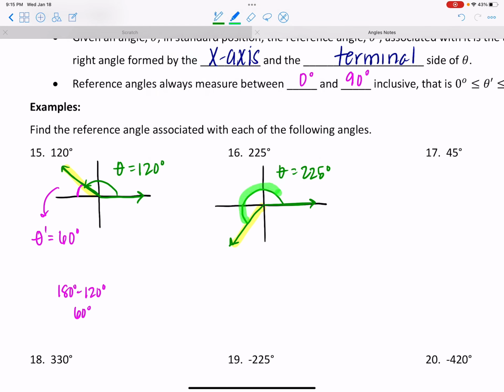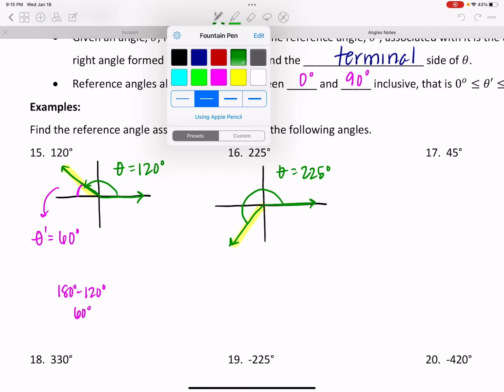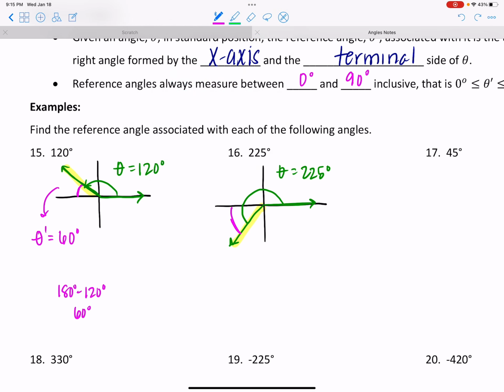I could go back to the positive part here. That's too big. I could go back to the x-axis here. Again, bigger than 90, that's too big. Or I can go back to the x-axis here. And that's precisely the one I'm going to look for. That is the acute angle, the smallest way to get back to the x-axis, whether it's the positive or negative part. So this angle right here, this is our reference angle.